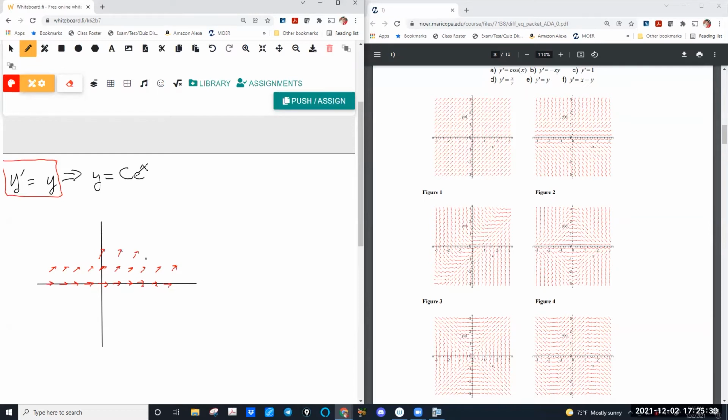And what this does is it gives us a general idea of the flow of our differential equations. Ideally these lines would all be the same size. I'm having a tough time getting them to come out the same size. If we go up to 3, it gets even steeper.